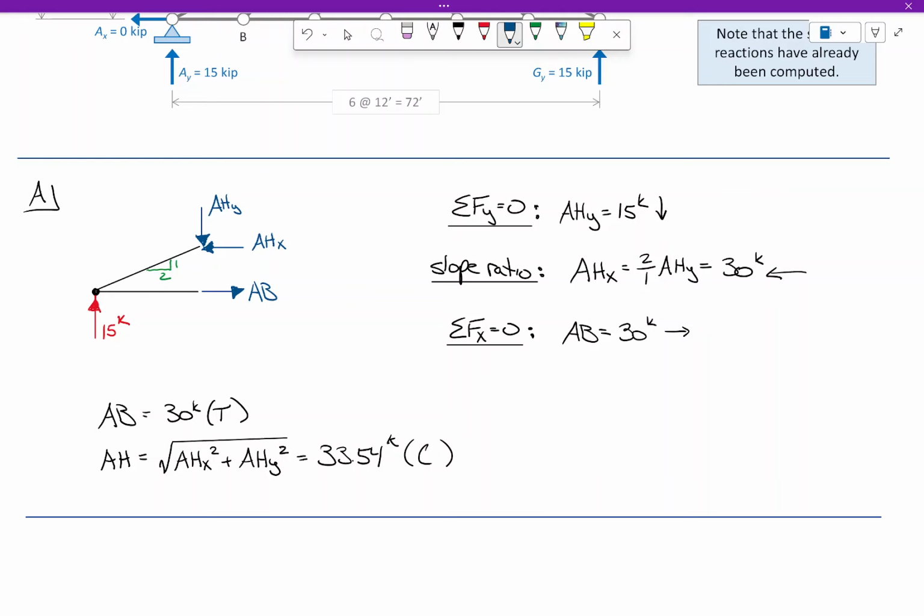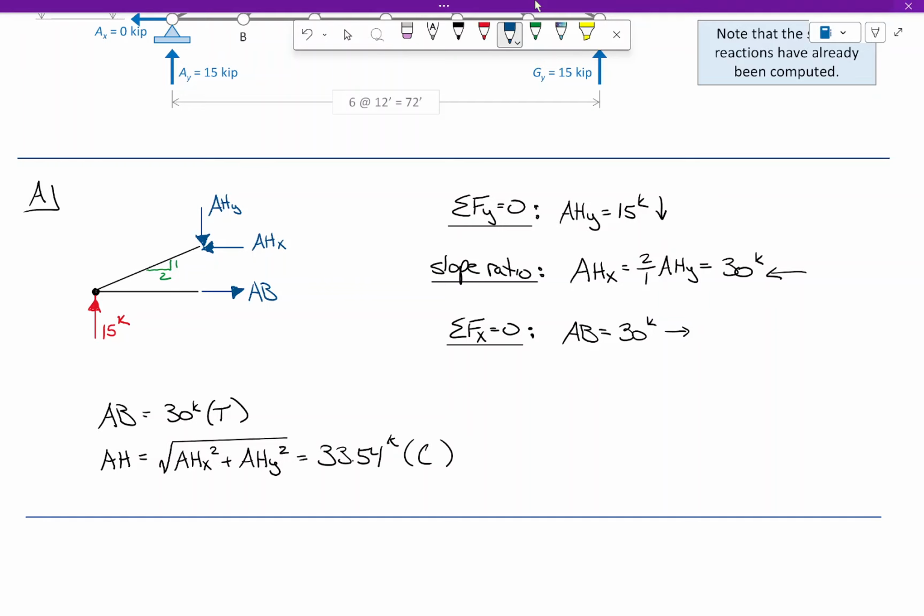Over here is where I'm doing the joint analysis, and on a separate sheet of paper, I've got the whole truss drawn, and as I solve the truss, I'm writing down the answers on the problem as I'm doing it. You see that? So it helps you with bookkeeping, and when you're done, this diagram is your answer. Okay? So let's keep going.